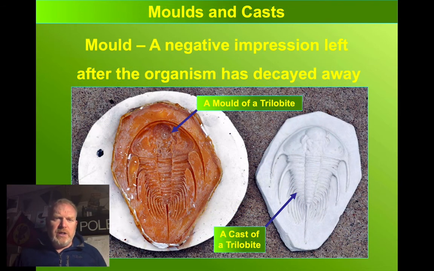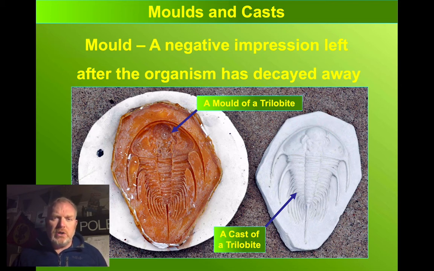The difference between them is perhaps illustrated best by looking at this manufacture of a replica of a fossil. Because we need to think about fossils as whether they're preserved as either a mould or a cast of the fossil.